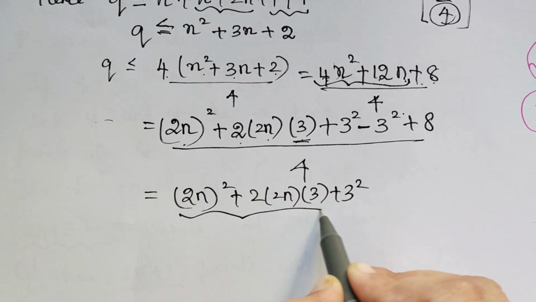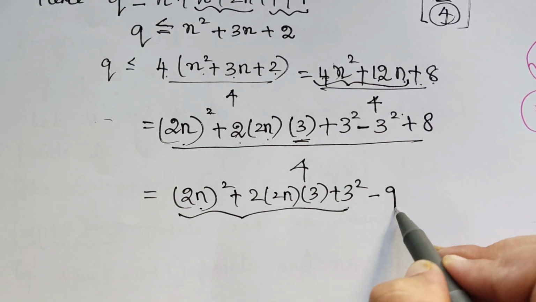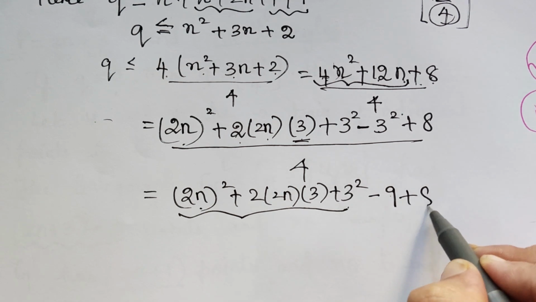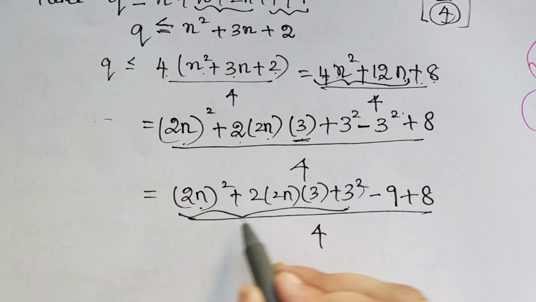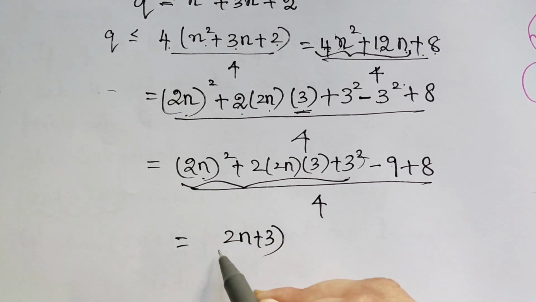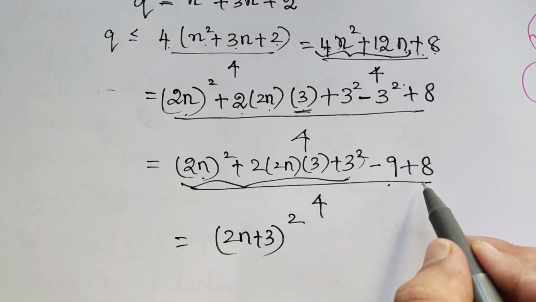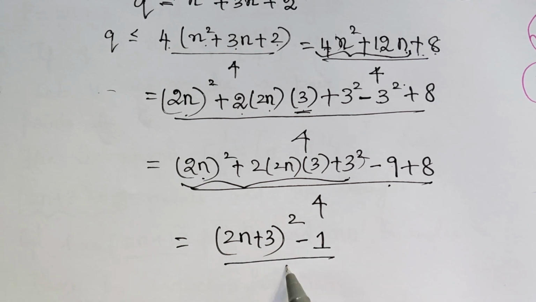But what is this? This is 2n plus 3 the whole square and then minus 9, because 3 square is 9, plus 8, the whole divided by 4. Now combining these terms, we can write it as 2n plus 3 the whole square and minus 9 plus 8. So it is minus 1, the whole divided by 4.